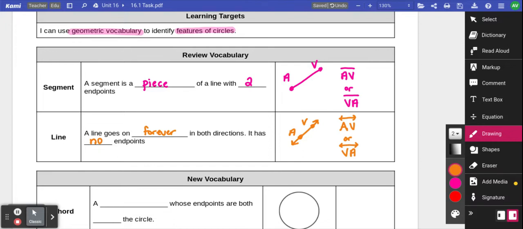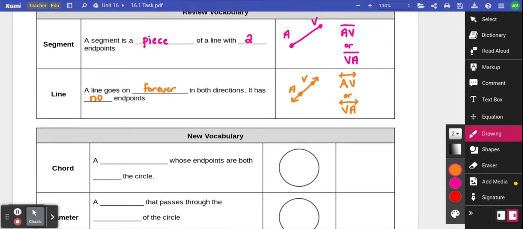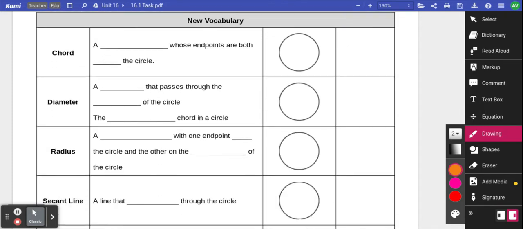Now we're going to be using circle vocabulary and identifying different types of segments and lines that are related to circles. So let's learn some new vocabulary that we're going to use in this unit. The first new vocabulary word that we're going to use in this unit is the word chord. A chord is going to be a segment where the endpoints are both on the circle.